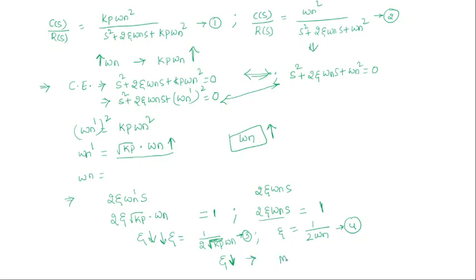We know that percentage of peak overshoot is e power minus zeta pi by under root of 1 minus zeta square into 100. So when zeta value is decreasing, the percentage of peak overshoot increases. This is one more effect of adding the proportional controller.